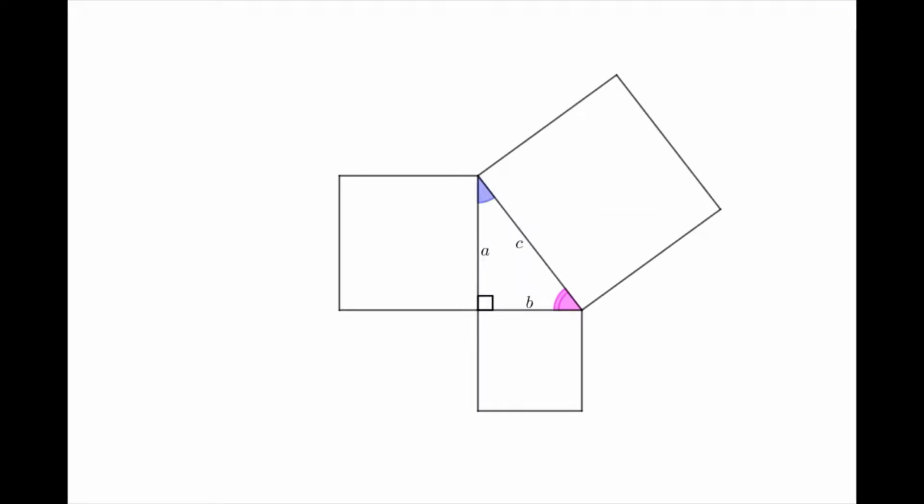So now let's re-examine our old friend, the Pythagorean theorem. So we'll start with a right angle triangle with sides A, B, and C. We're going to build squares on each of those sides. And now I'm going to extend the sides of the two smaller squares so that they join together and make a little rectangle down here.